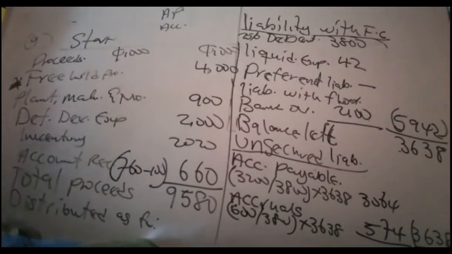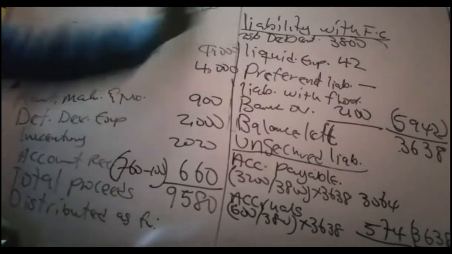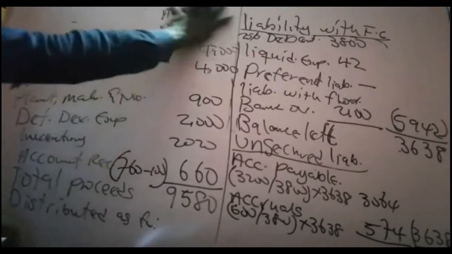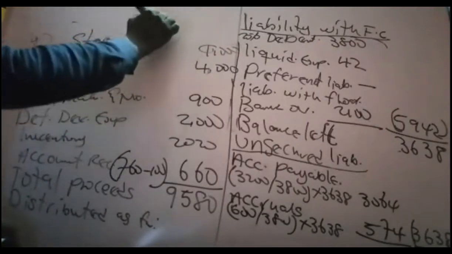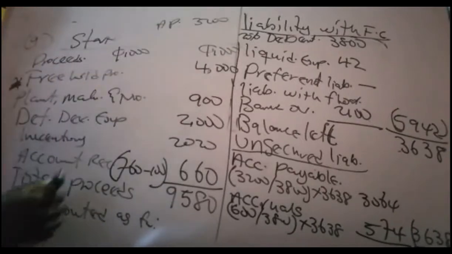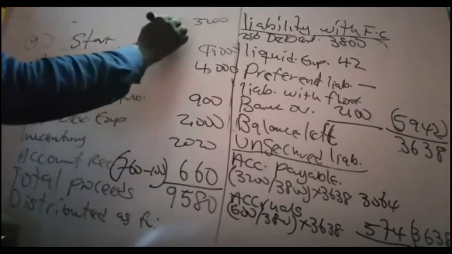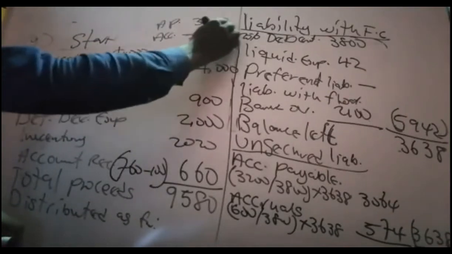So if you like to, you can go into your workings and bring it in. Account payable is 3,200. That is the value. In fact, you can't see it. Let me step down. Account payable is 3,200. Accruals happen to be 600, which is 3,800.